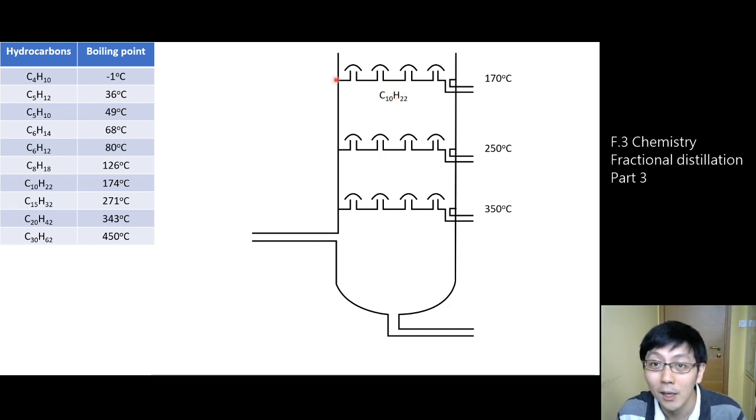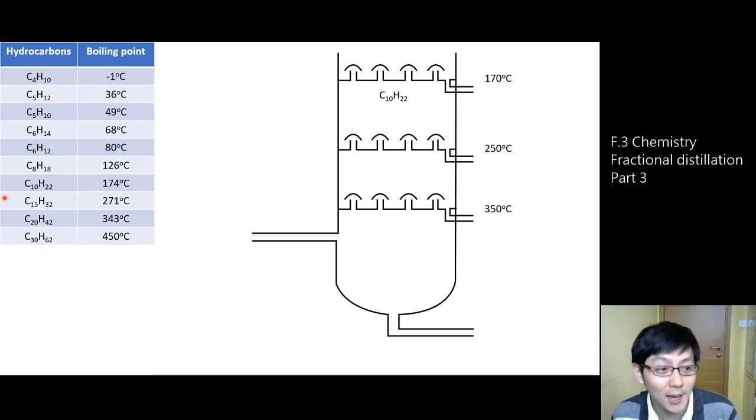However, when it reaches a certain position, it will be condensed. Why? The next layer will be 170 degrees Celsius. So there must be some region here, 一定呢個唔知邊個位置, with a temperature of 174 degrees Celsius. It will condense somewhere here.